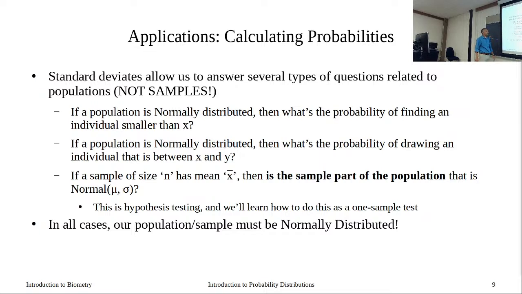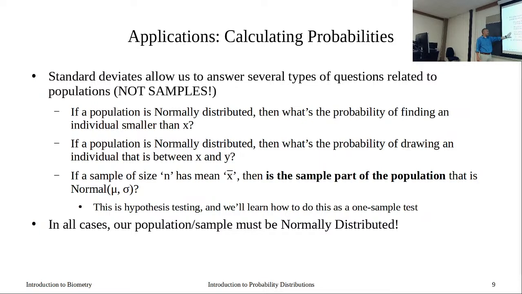If we have a sample that has a mean of X, then is this sample part of our population? So if we've collected a sample of, let's say, these black bugs that are running around, and we ask, is this part of ASU's population based on the population averages? Yeah, we would do a z-score test. So this part here is hypothesis testing.